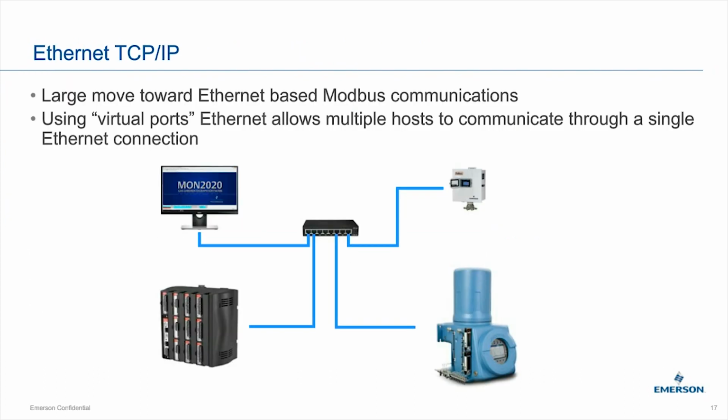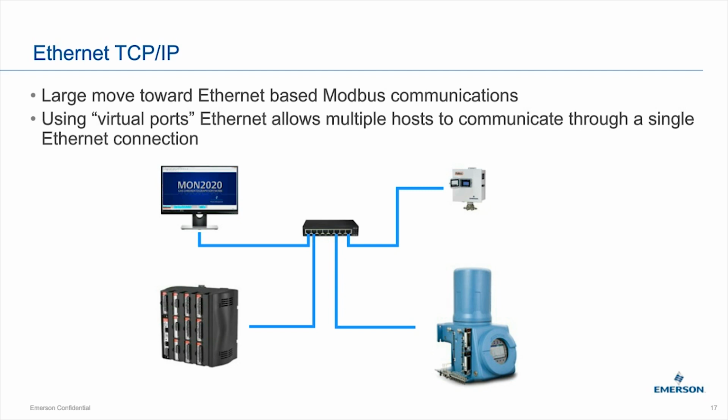Now, Ethernet TCP/IP, as we saw in the poll earlier, there is a big move towards Ethernet communications. And the biggest advantage of Ethernet is that it allows us to have these virtual ports.